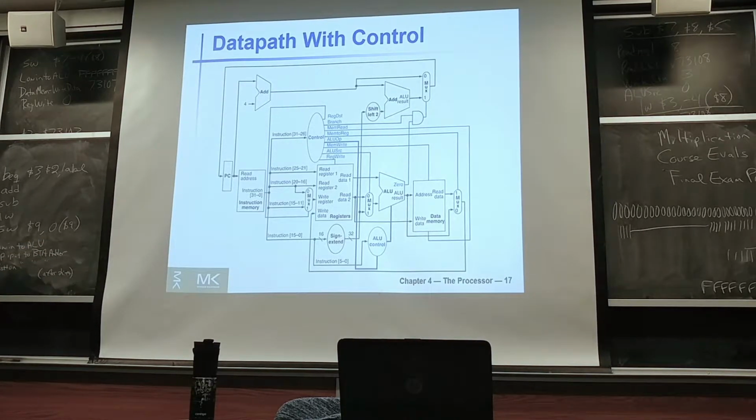Then the question becomes, what is the top input? What's the top input into the branch target adder calculator, the branch target address adder? What's that top input going to be?